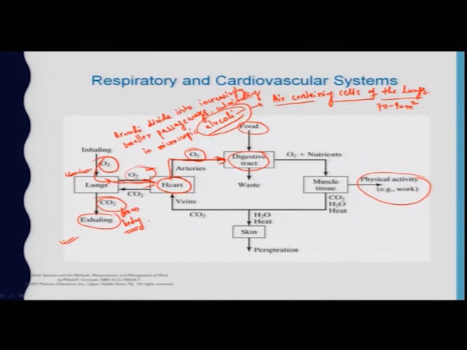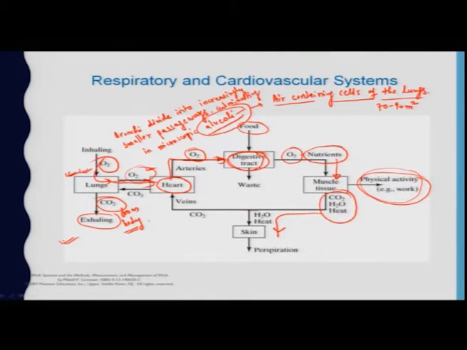In the digestive tract, the food is converted into suitable nutrients required for our body, which go to the muscle tissue, helping in the physical activity which we perform on a daily basis. As a waste product, these muscle tissues liberate carbon dioxide, heat and water. That water in the form of perspiration goes outside the body via the skin.